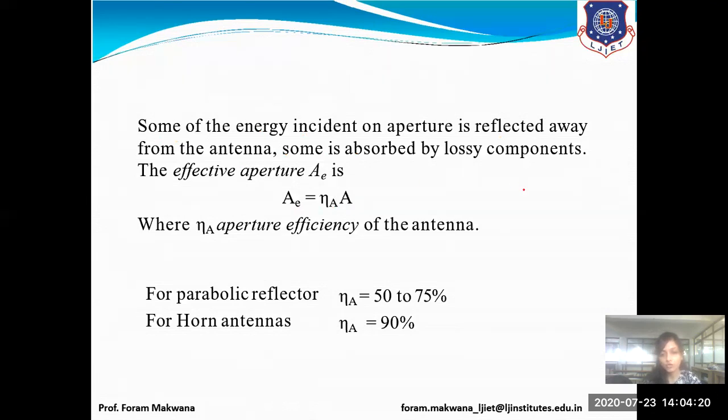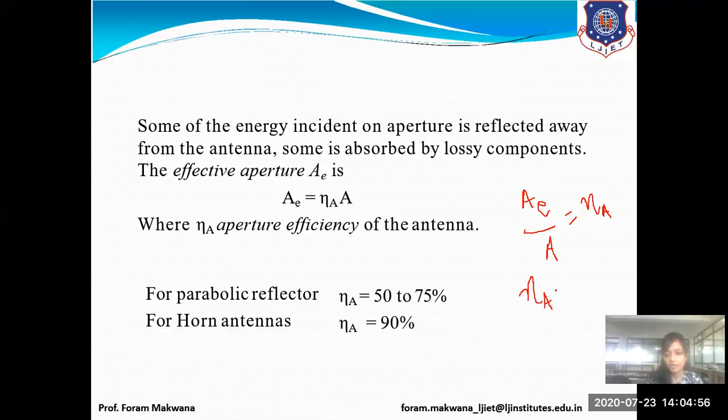So the ratio of effective aperture and physical aperture is called aperture efficiency, eta A. If AE is equal to A, then the aperture efficiency becomes 100%.